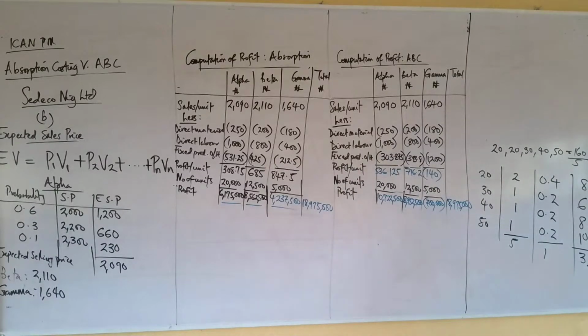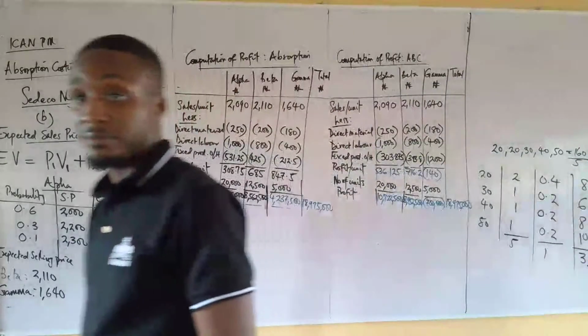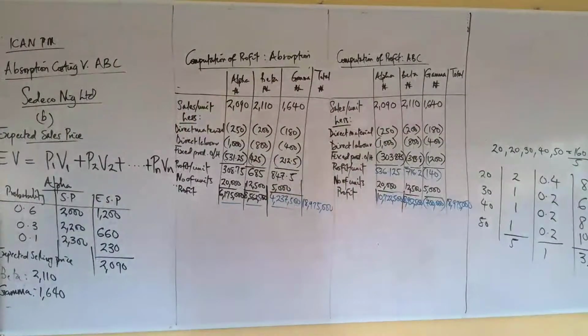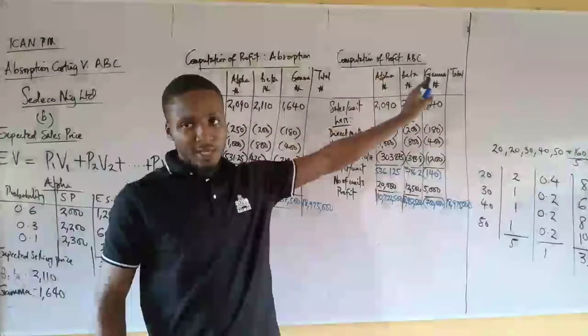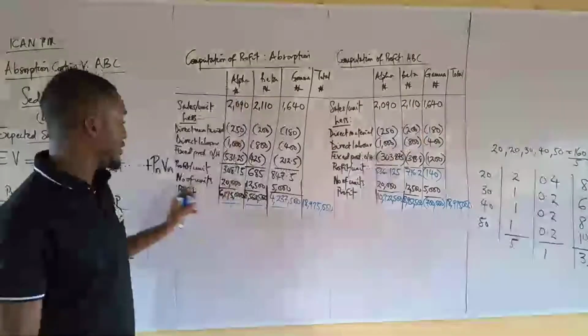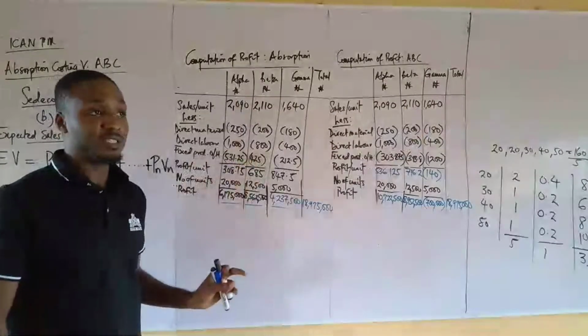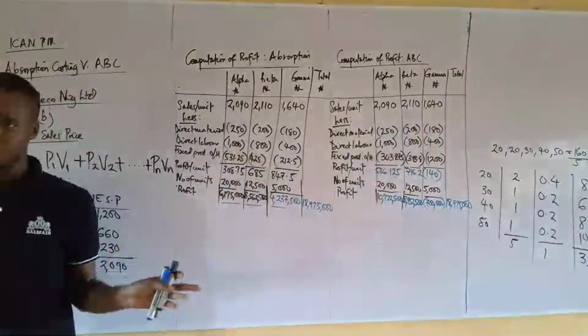So is that all the requirements? No, there is one more. Okay, what's the last requirement? Our major problem with gamma is the fixed production overhead because it's too high. Yes, that's the whole essence of ABC. The fixed production overhead cost is the same, but it's how they split it across the units.